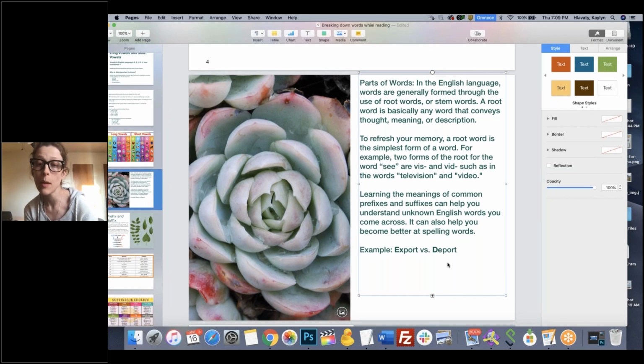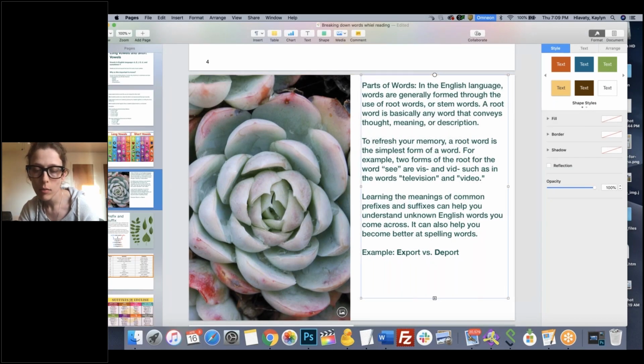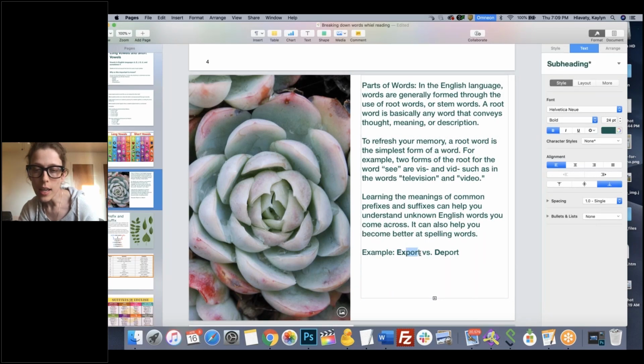The stem word for both of these words is port. From there, you can change the meaning of the base word port by putting a prefix.